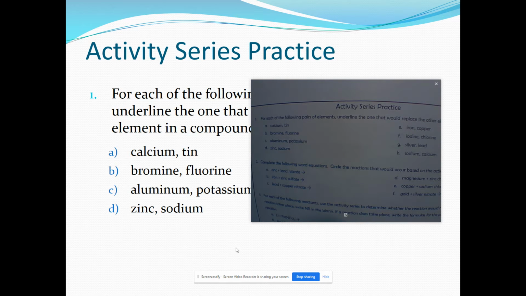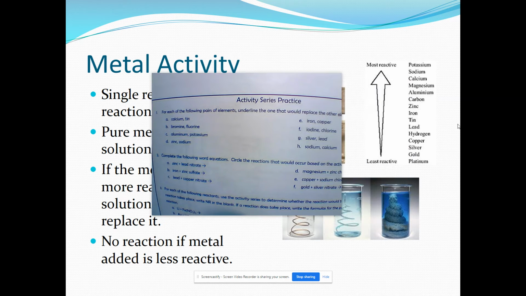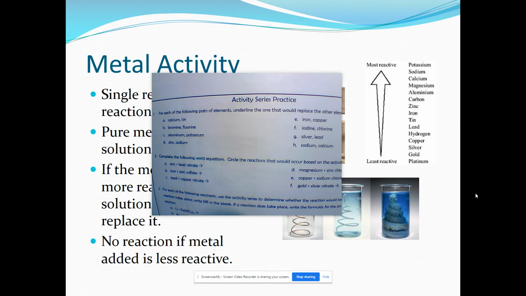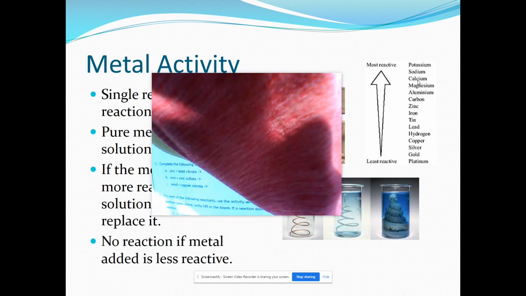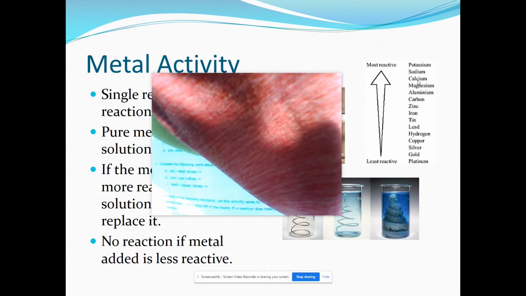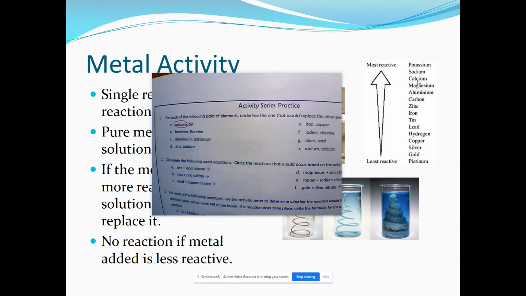So we want to look here at our metal reactivity. And we see that calcium is up here, tin is down here. So because calcium is up top, that means calcium is more reactive. So we're going to circle or underline calcium because calcium is the more reactive one.